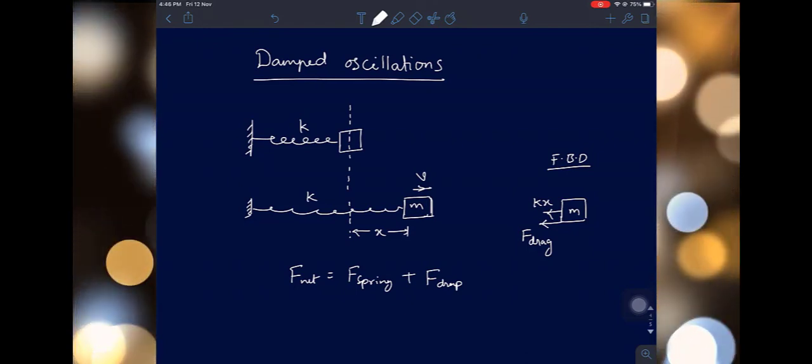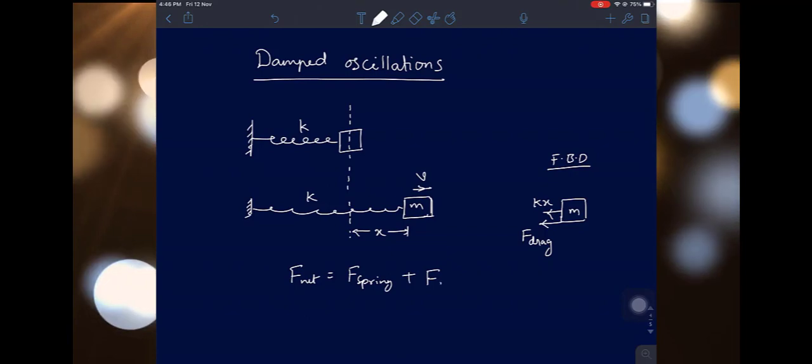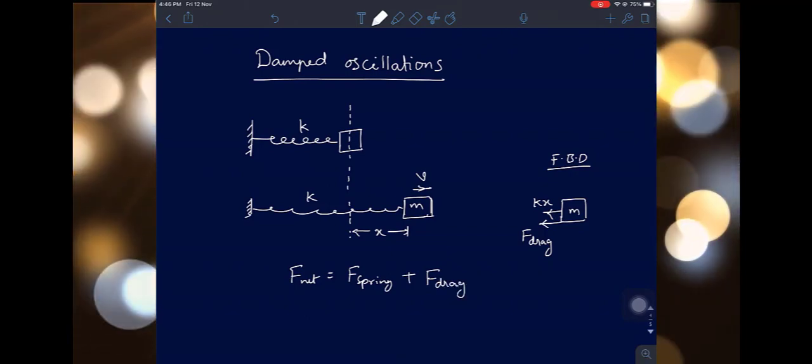Here F net is nothing but a summation of spring force and drag force.